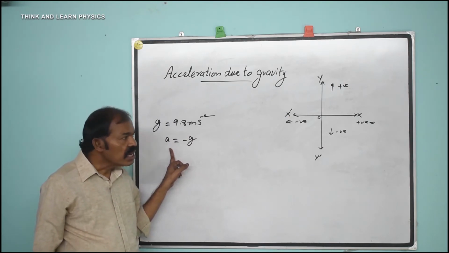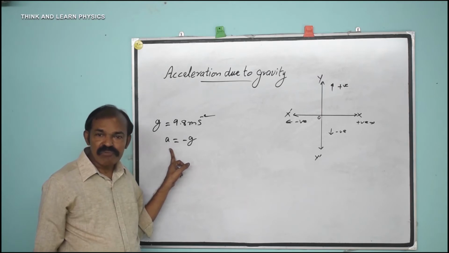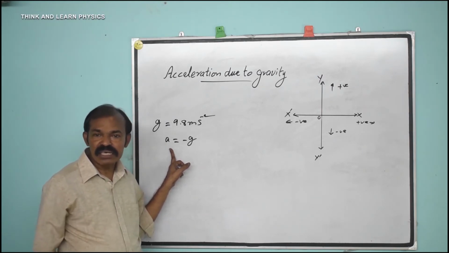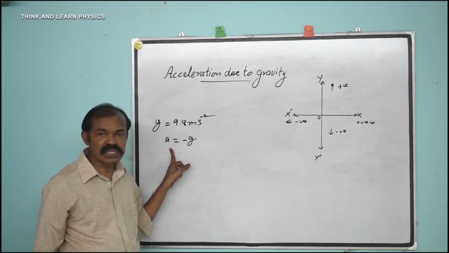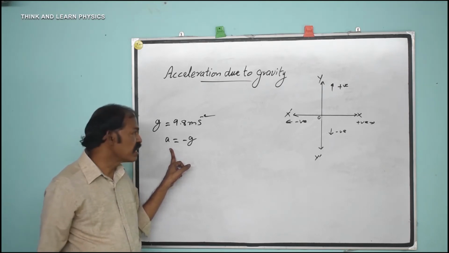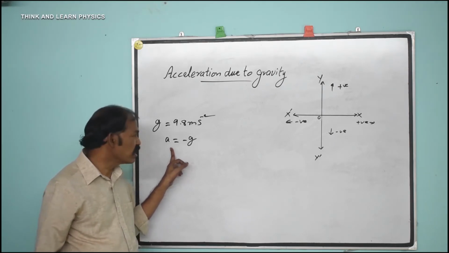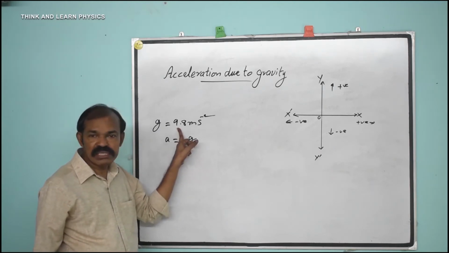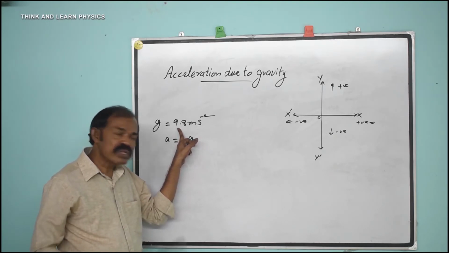If an object or a particle moves under gravity, then in all types of motions we have to take the acceleration of the particle as -g, where g is approximately equal to 9.8 meter per second square. Then we can use all the equations of motion.